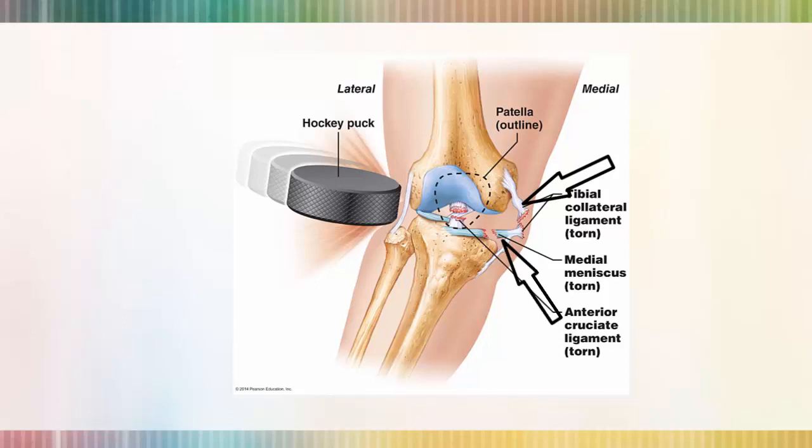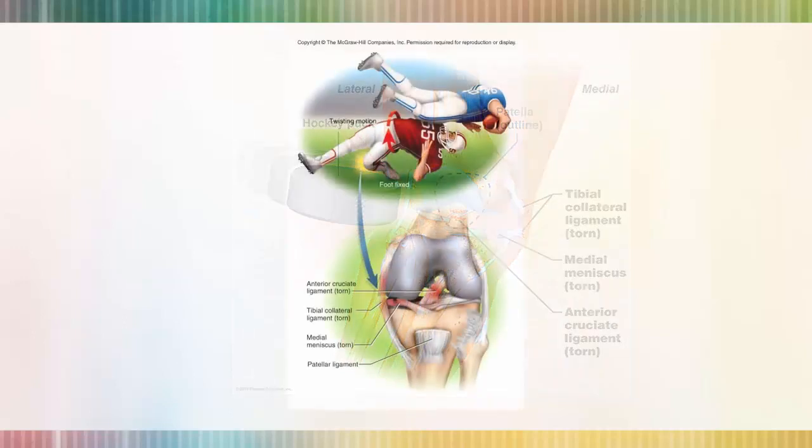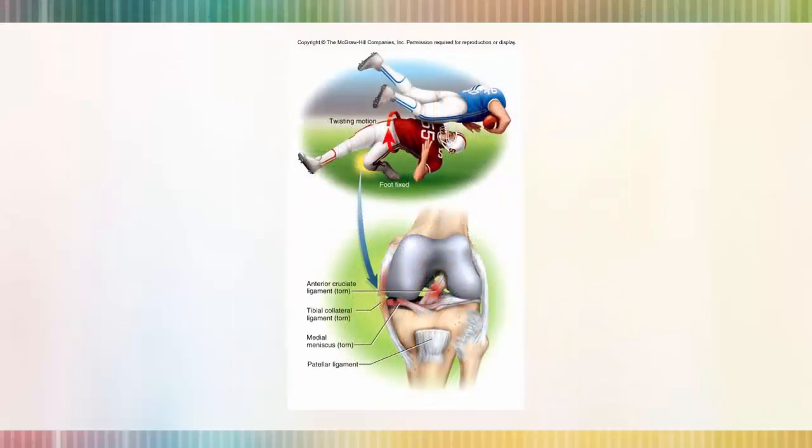And in the most severe of these injuries, you'll get tearing of the anterior cruciate as well. So you'll get a blowout of all three of these in very severe injuries. All three being the tibial collateral ligament goes first, the medial meniscus, and then the anterior cruciate in the most severe.